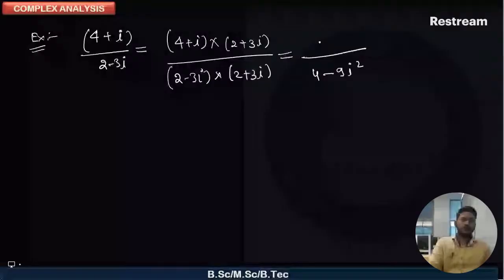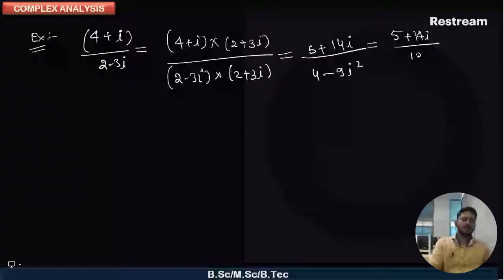So you write 5 plus 14 iota upon 13, which is 5 by 13 plus 14 upon 13 iota.